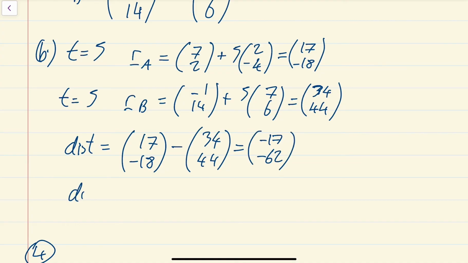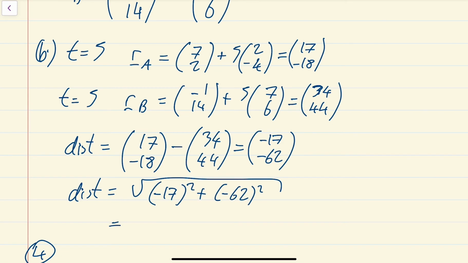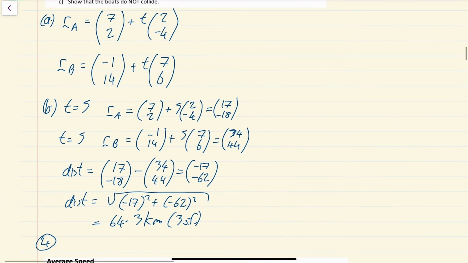And then you work out your distance, the square root of (-17) squared plus (-62) squared. Let me just check this on my calculator, because I've made so many mistakes. That worked out to be 64.3 kilometers, and that's either 3 significant figures or 1 decimal place, whatever you prefer. They're the same in this instance.